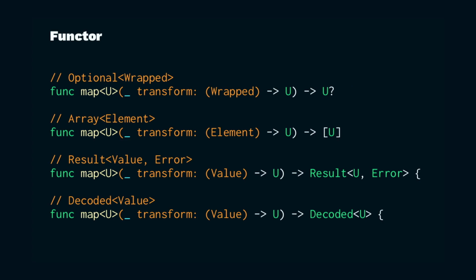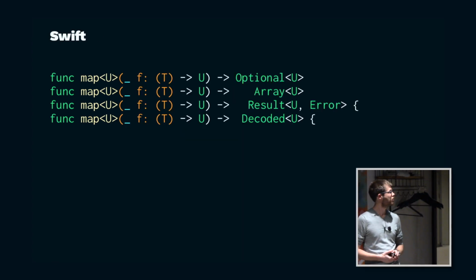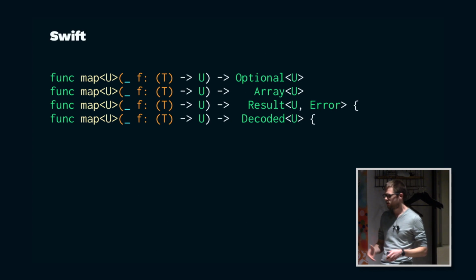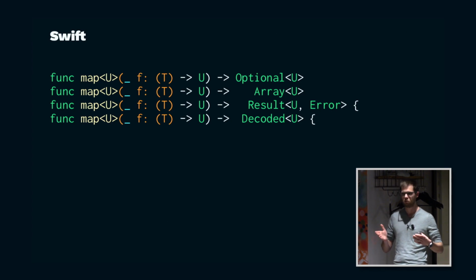So let's go back to map, and let's look at the type signatures of map. And they already kind of look similar, but remember that the question mark and the array are syntactic sugar. So what happens if you remove the syntactic sugar? They're almost exactly the same. The only outlier is result, again, because it has two generic types.